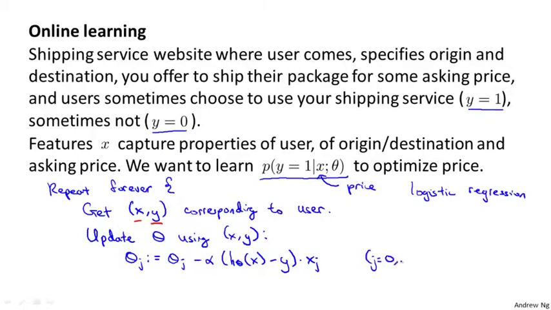So we do this for j equals 0 up to n, and that's my closed curly brace. For other learning algorithms, instead of writing x, y, I was writing things like x^(i), y^(i). But in this online learning setting, we're actually discarding the notion of there being a fixed training set. Instead, we have an algorithm.